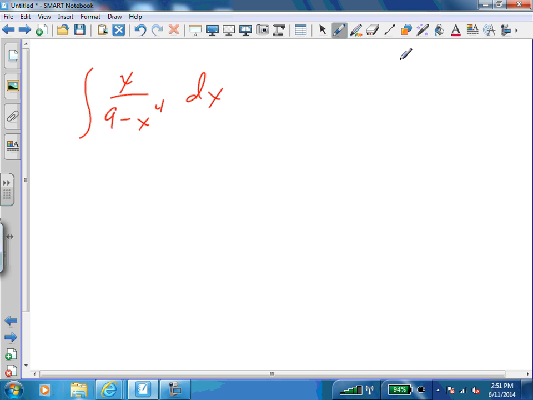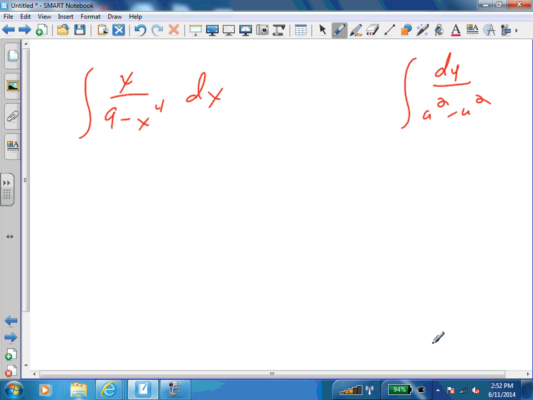Now we have one that has an a squared minus u squared. In the last section, we had an a squared plus u squared on bottom. This section, we have an a squared minus u squared on bottom.